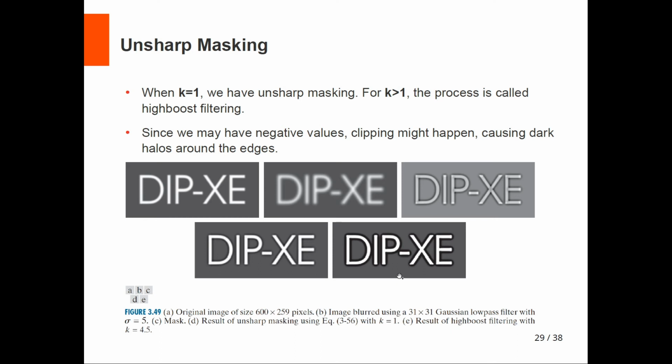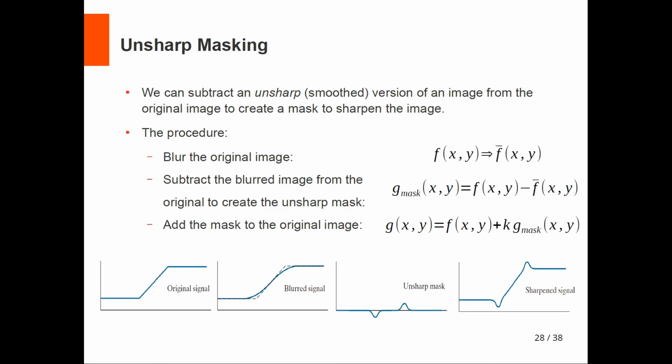We tested with a value greater than 1 here. In the last figure, the value of k is 4.5, and this is what is called high boost filtering. As you can see, if I go back a little bit, since here we have both negative values and positive values, it is possible that after summing these two images, the unsharp mask and the original image, we go out of bound of the possible values that we can use for the image.